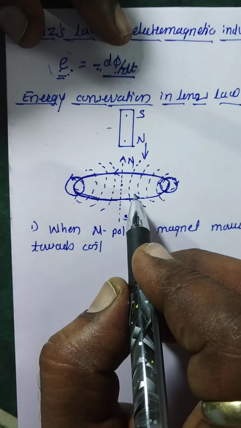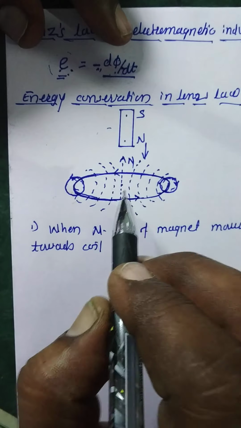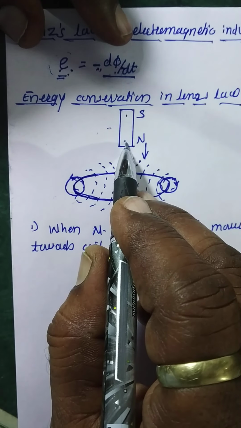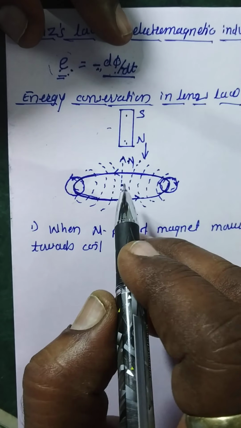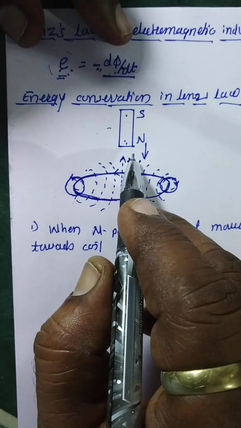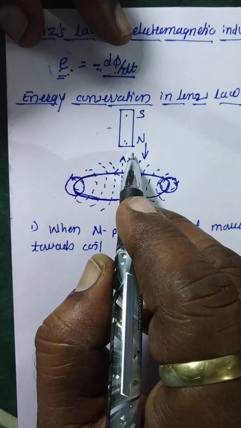This dipole is oriented such that the face of the coil towards the magnet acts as an N pole. The face of the coil facing towards the N pole acts as an N pole.